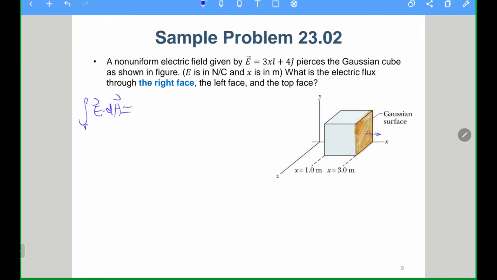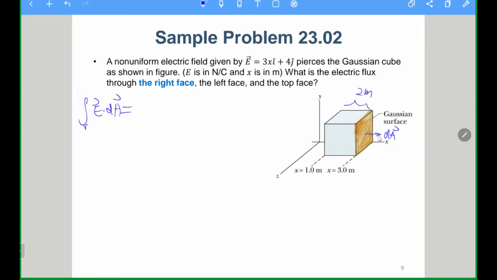The direction of dA should be pointing to the right side, because this plane is on the right face with a constant x of 3 meters. The other face is at x equal to 1 meter, which means the side is 2 meters. And this is a cube, so it is 2 meters for all the sides.